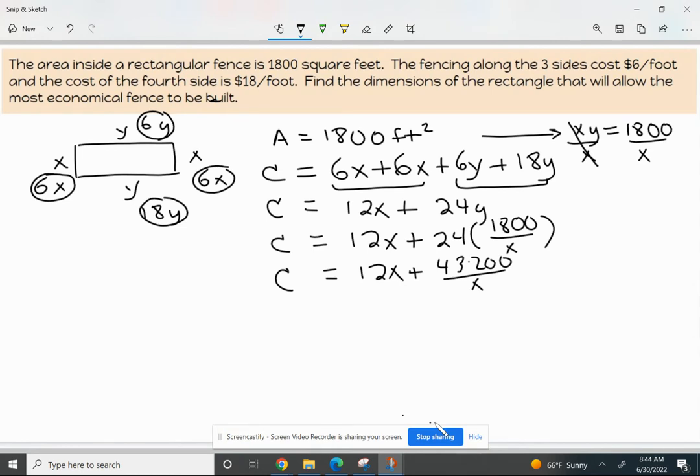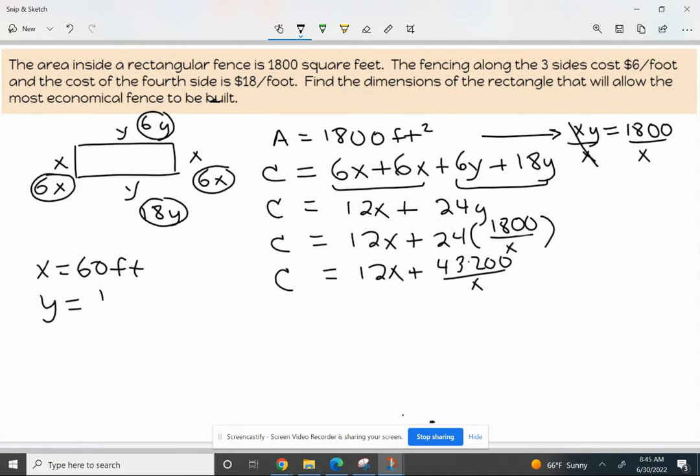Okay, so I could say the minimum happens at x equals 60. That would be 60 feet. Now y, we can find y because we have here that y is equal to 1800 over x. We can just figure out what that is by going back into that equation.